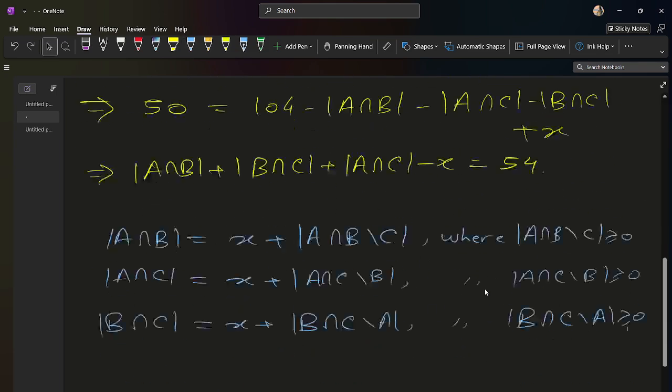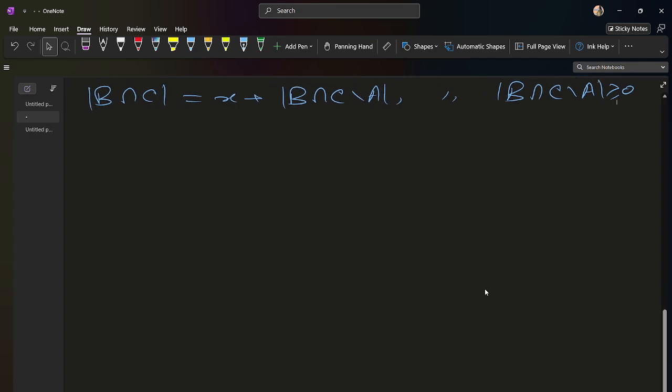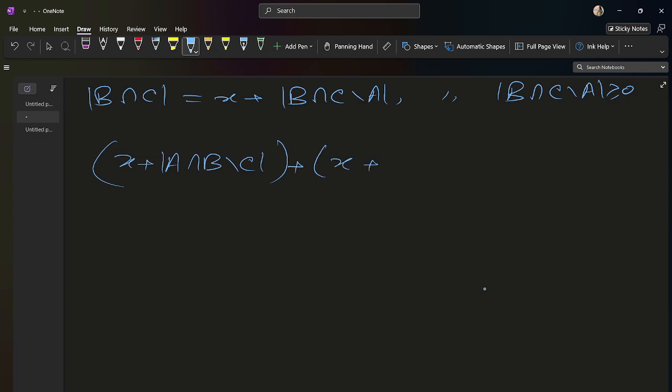Okay, so now what can I say? Substitute this into the total equation. So we will get x plus the number of elements in this, plus x. We are just substituting the values which we got in our previous equation, that is minus x equals 54.